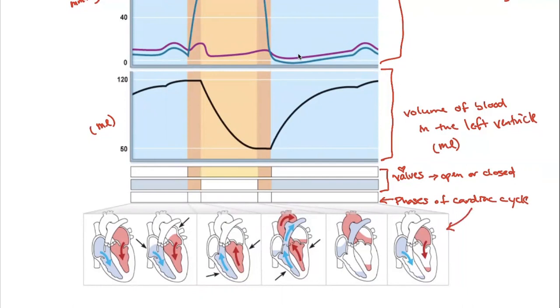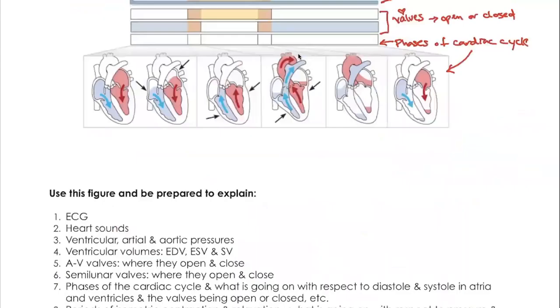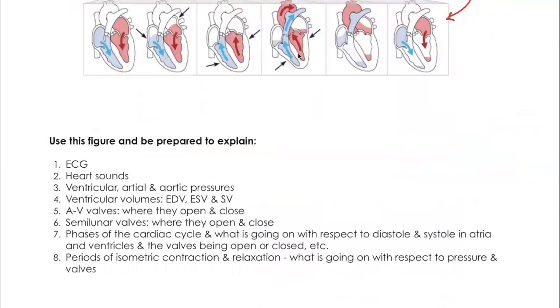So what's going on? I have a list of things that I want you to be prepared to explain. One of them is the ECG, the heart sounds, ventricular, atrial, and aortic pressure, ventricular volumes, specifically end diastolic volume, end systolic volume, and stroke volume.